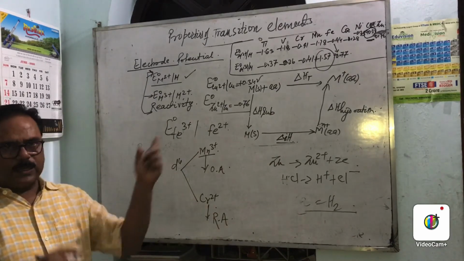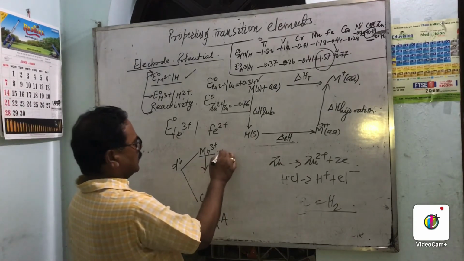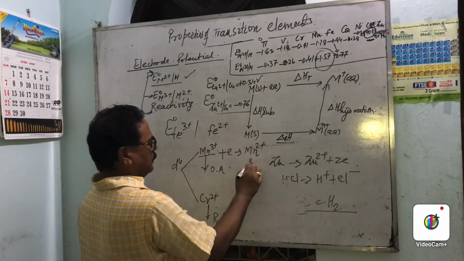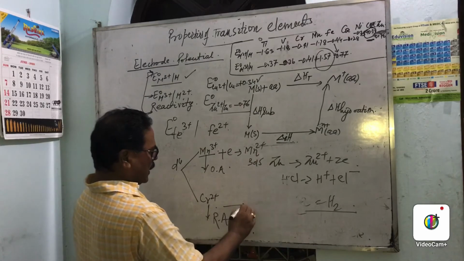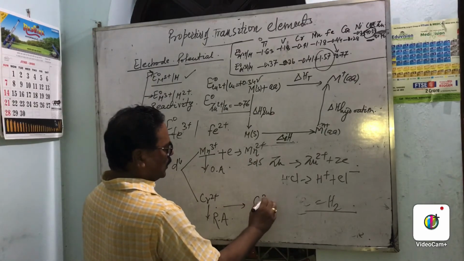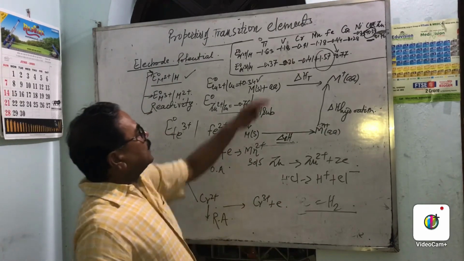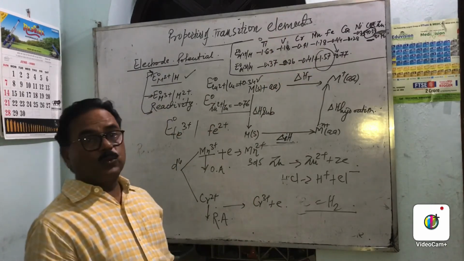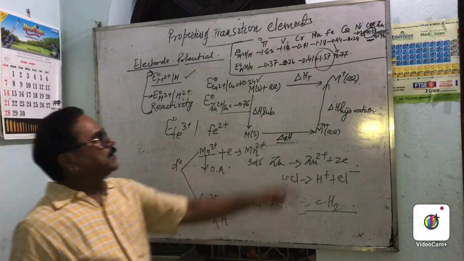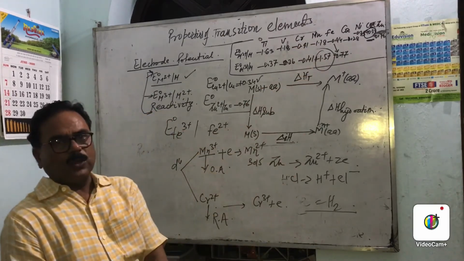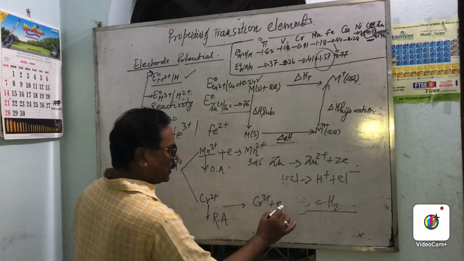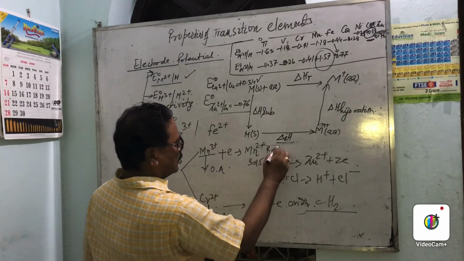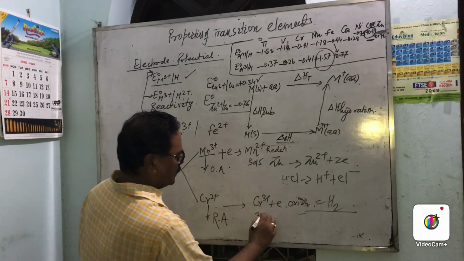Again decided on the same value, because this will lose electrons, that will gain electrons to get 3d5, and this will give chromium 3 plus. If you see the value here, chromium is negative, so it will have a tendency to lose electrons, right? And this is positive, it will have a tendency to gain electrons. Now here it is oxidation, here it is reduction, and here the configuration is 3d3.